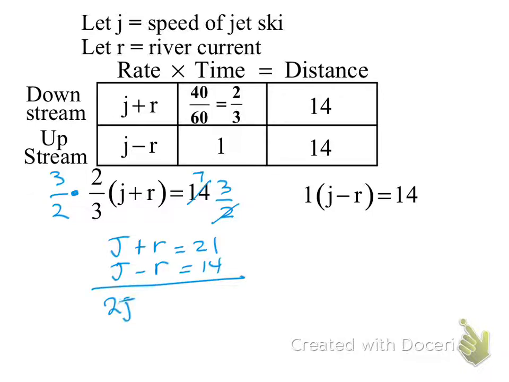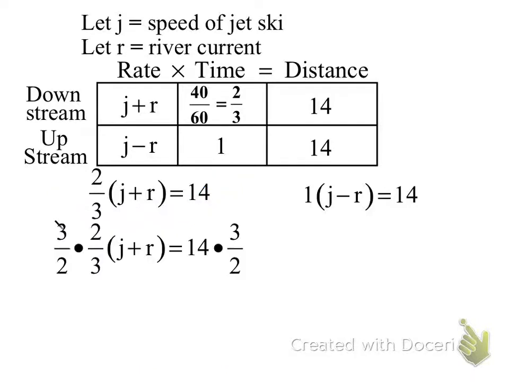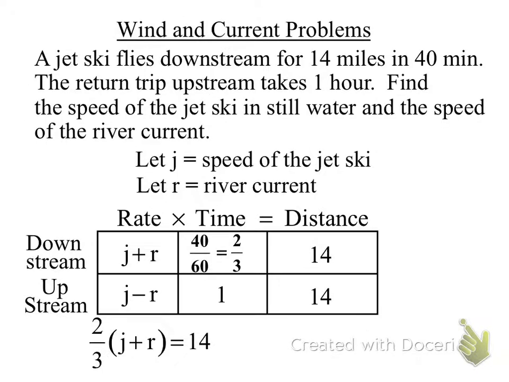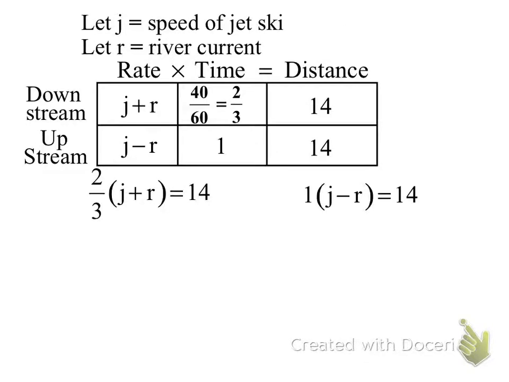2J equals 35. Divide by 2. J equals what? 17.5 what? Miles per hour, mph.